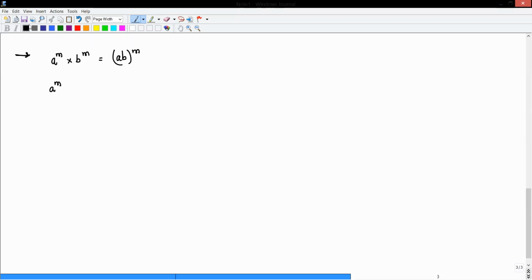If the powers are the same, then you can multiply the bases. If they are in division, you can divide the bases, and you can write vice versa.